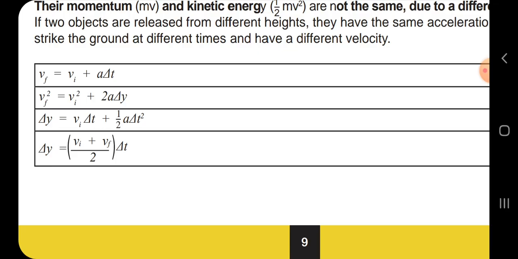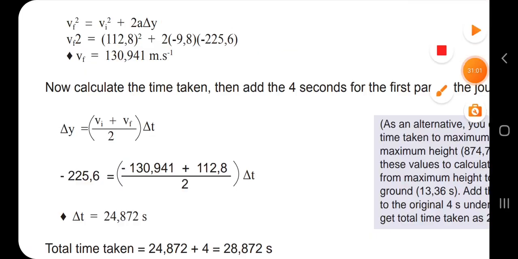So we can find the final velocity so that we can find the time. Do you see, guys? This is how you make use of these formulas. This is how we write everything. So our final velocity is there.